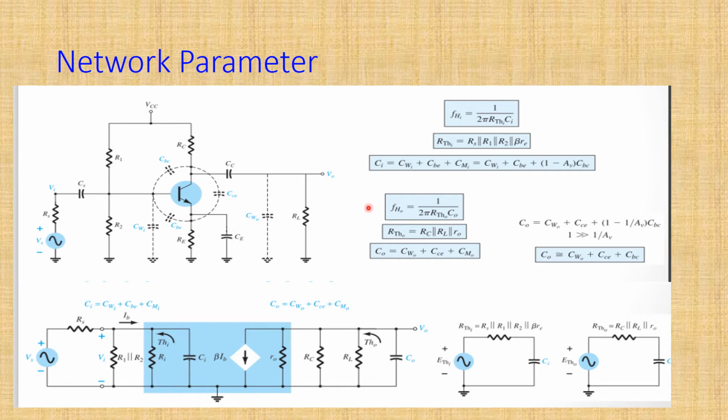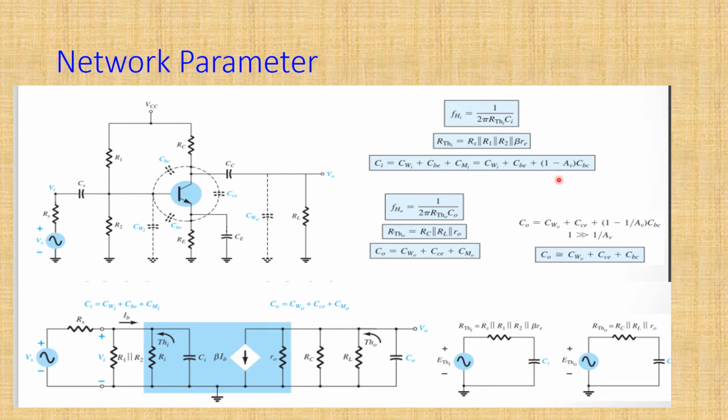Fine. So the input capacitance, since they are all in parallel here, you consider CI as CWI, CBE, plus the Miller capacitance, which is given as (1 minus AV) into CBC.